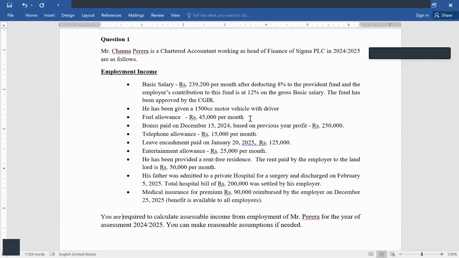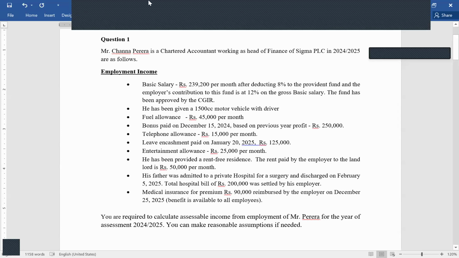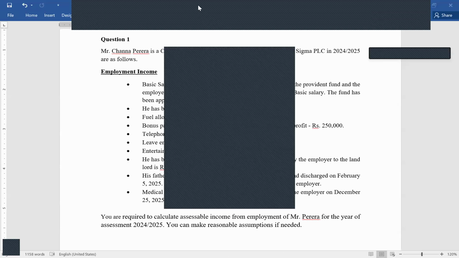What is the amount? If you have that quantification document, I have explained already. So what is the amount we have to mention under vehicle benefit?